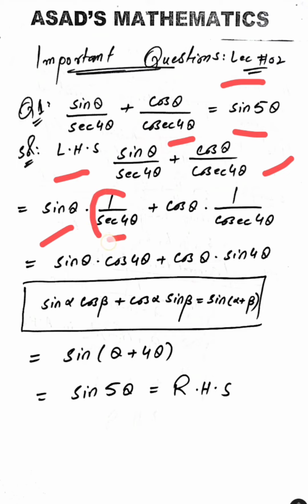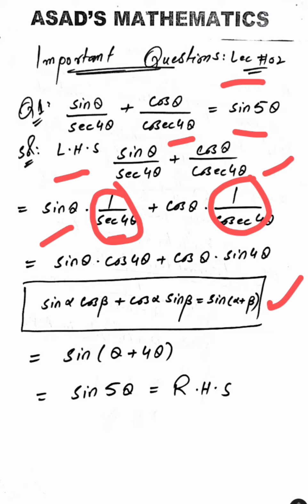Now we replace 1 over secant 4 theta and 1 over cosecant 4 theta by their reciprocals, which are: 1 over secant 4 theta is equal to cos 4 theta and 1 over cosecant 4 theta is equal to sin 4 theta. So here we see that it is a formula in the form of sin alpha into cos beta plus cos alpha into sin beta, which is equal to sin alpha plus beta.